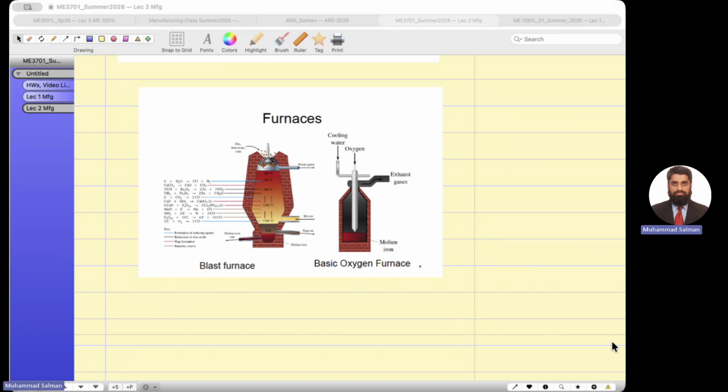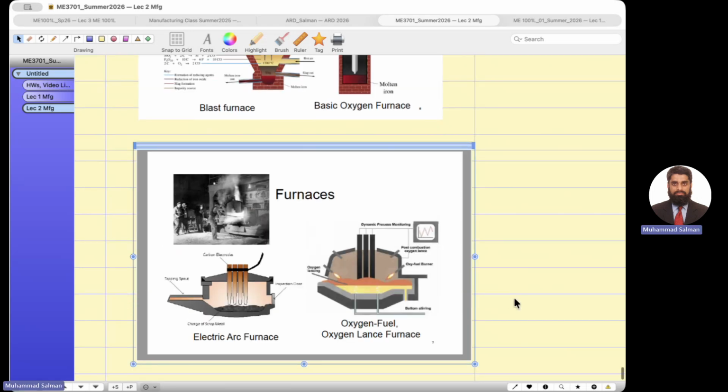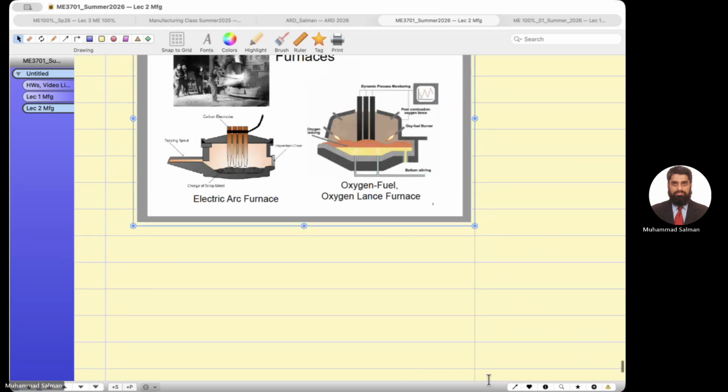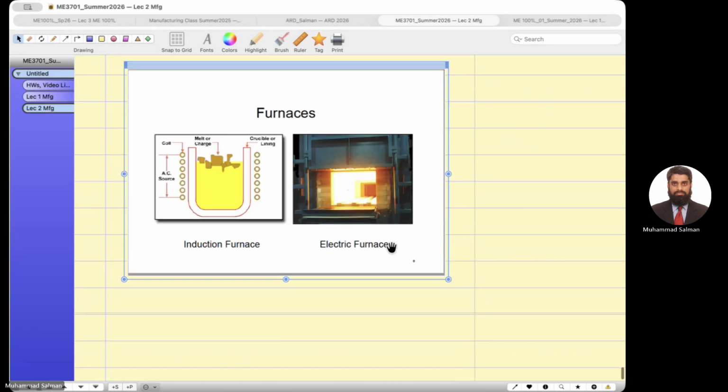Some other furnaces are the electric arc furnace and the oxygen lens furnace. Another type is the induction furnace, an electric furnace.